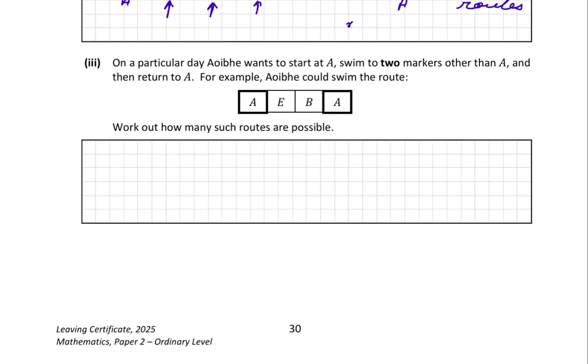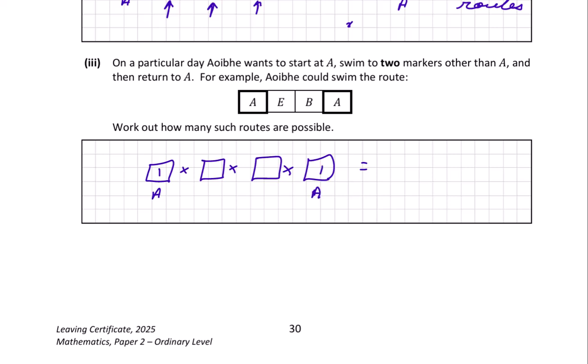On a particular day, Ava wants to start at A, swim to 2 markers other than A, and then return to A. For example, she could do A, E, B, and A. Work out how many of these routes are possible. Well, again, if we do 4 boxes here, multiply our numbers. So she has to start at A and finish at A. So she only has one possibility there, A. At the end, she has to finish at A, so there's only one possibility there.